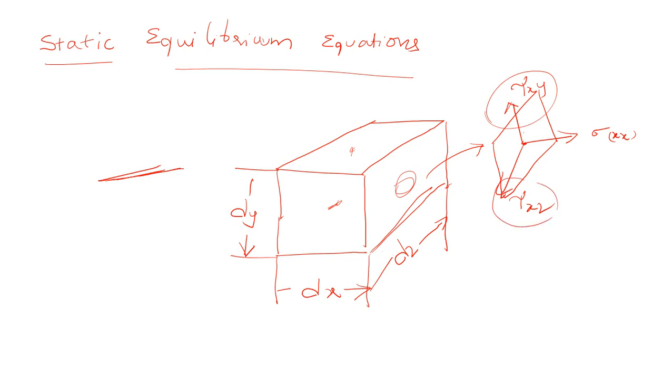So on each plane there are three stresses: one normal stress and two shear stresses. Also acting are the components of body forces per unit volume, because it is a cube with volumetric dimensions, along x, y and z directions.